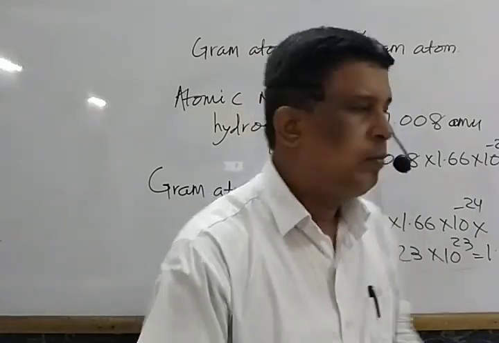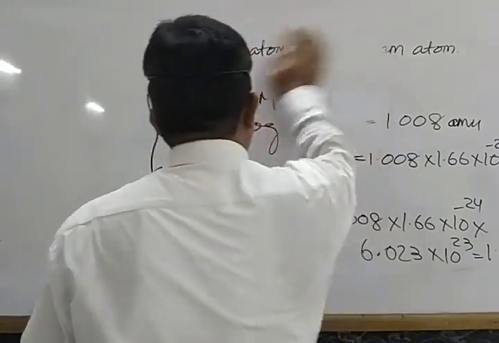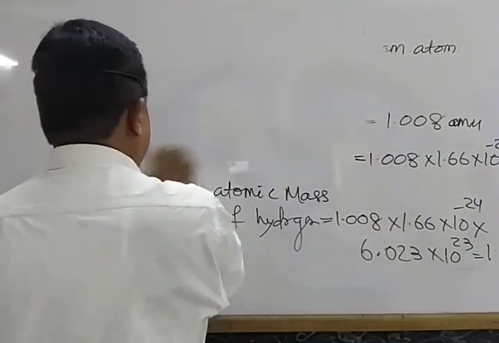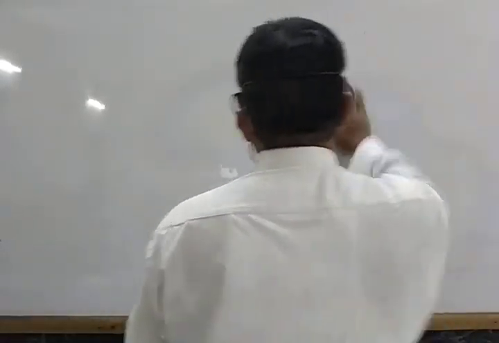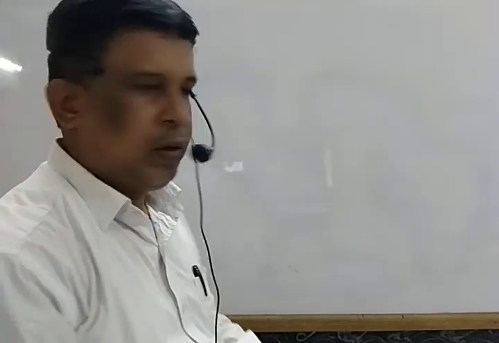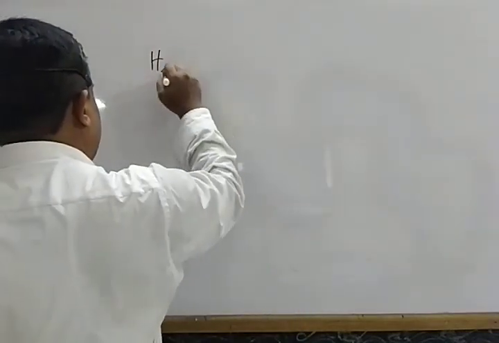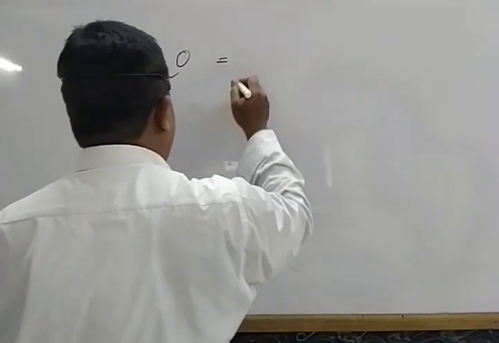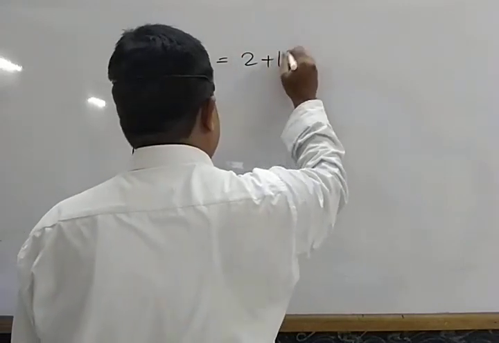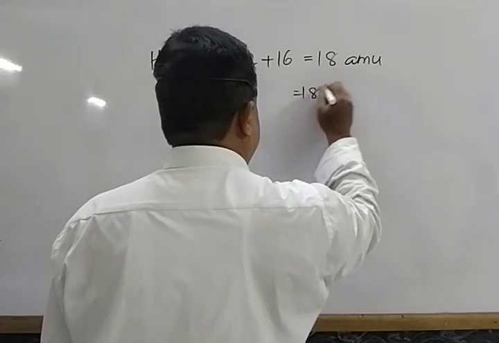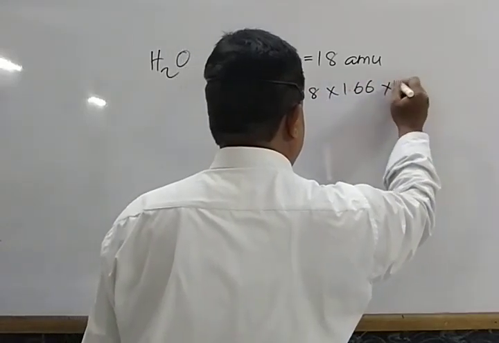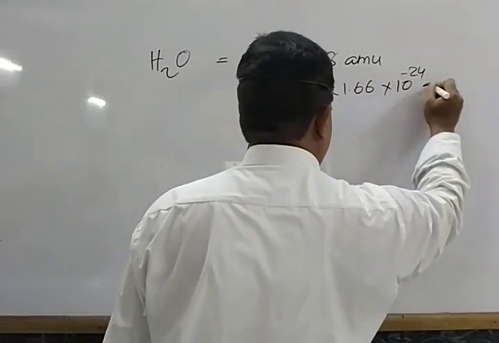For example, if we select water, mark that water. Mass of one water molecule is 2 plus 16, that is 18 AMU, which is equal to 18 into 1.66 into 10 to the power minus 24 gram.